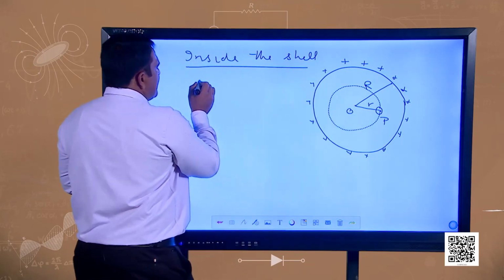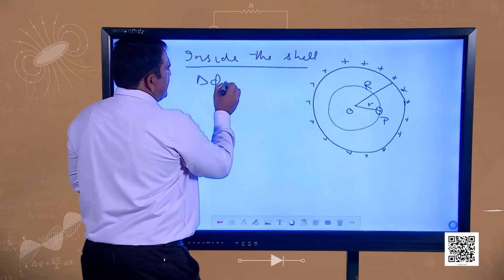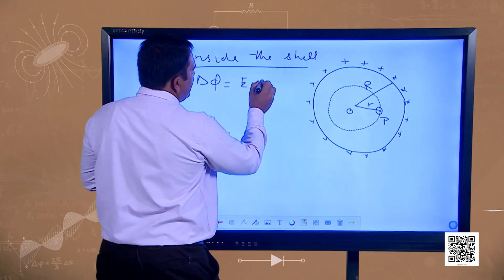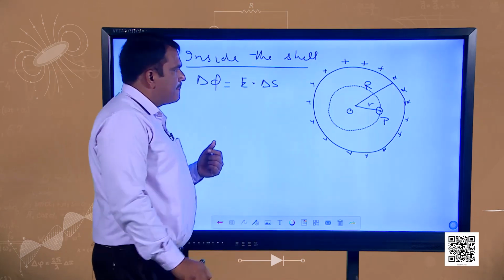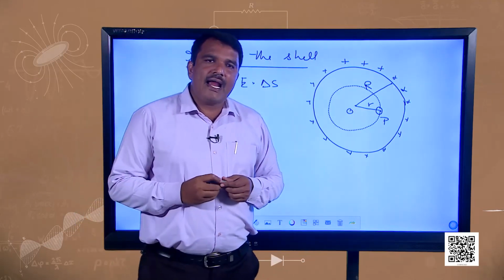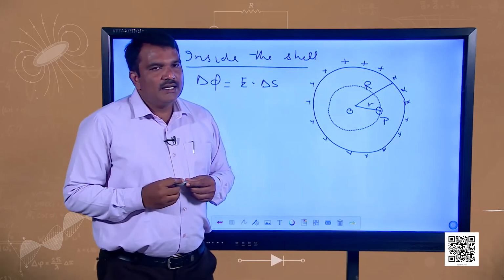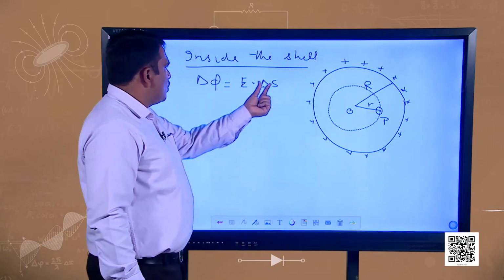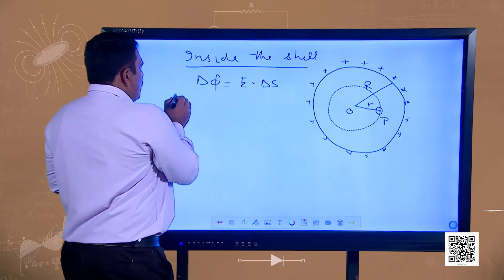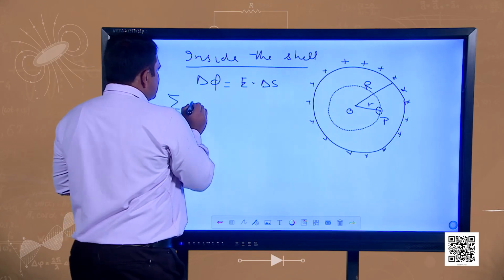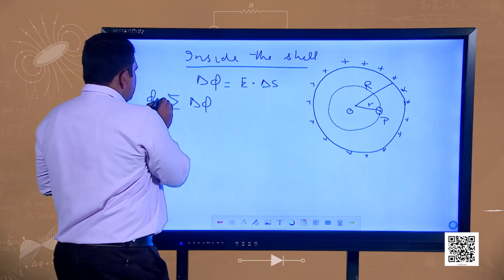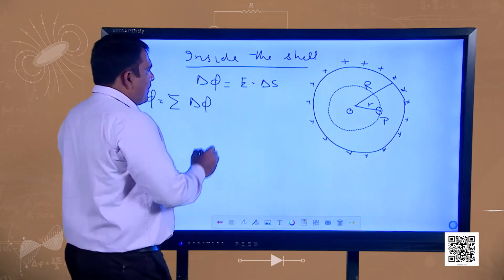So, flux through this small area element delta S is delta phi, and it will be again E multiplied by delta S. Because electric field is radially outward, the angle between electric field and area normal is always 0 degree. So, cos 0 is 1, and delta phi will be E delta S. Now, summing over all such area elements, the total electric flux passing through the surface is summation delta phi.